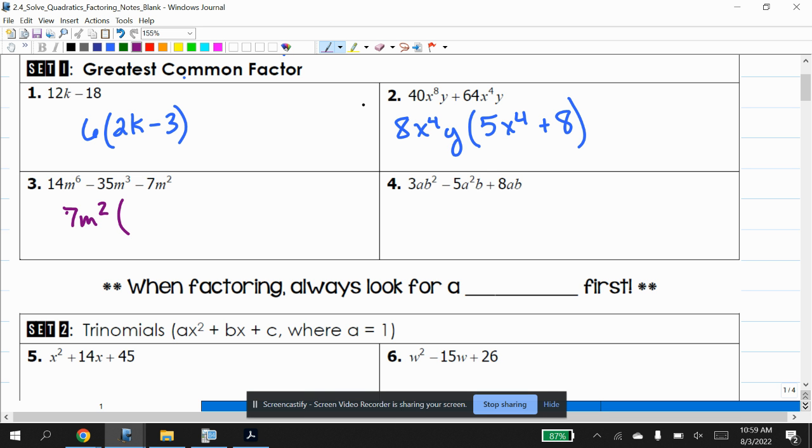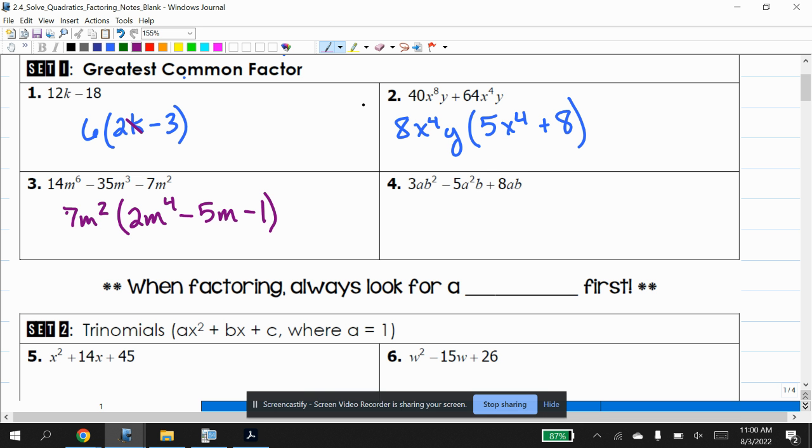What times 7 gets me 14? 2. M to the 4th. Good. What next? Minus 5m. Technically, it's m to the 1st power. We don't have to write that 1. And then minus, what times 7m squared gets me 7m squared? 1. A 1 at that last piece.